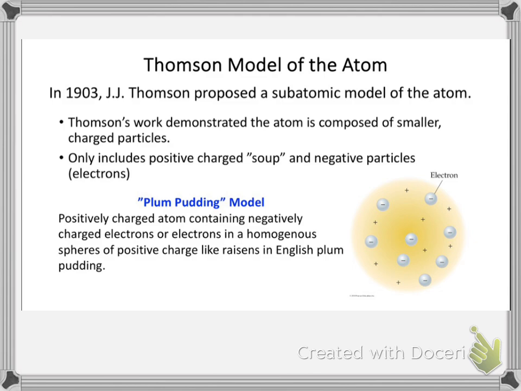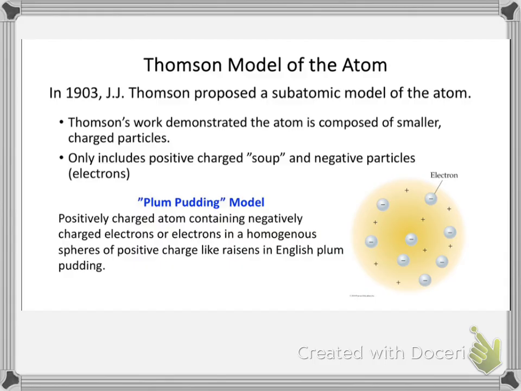So he used attraction and repulsion in his experiment, and in this he determined that there were positive and negative charges. So what he came up with was the illustration on the bottom right hand of the screen. It's not quite what we think of now.